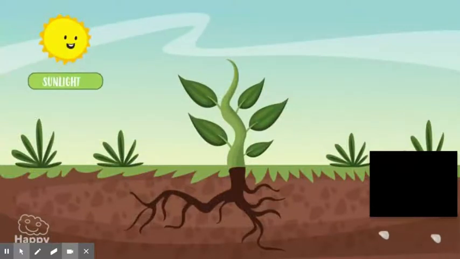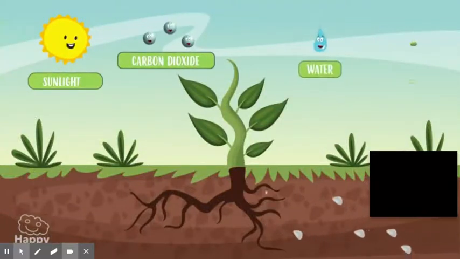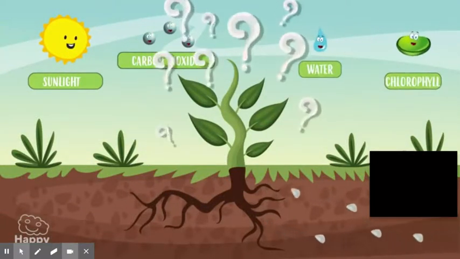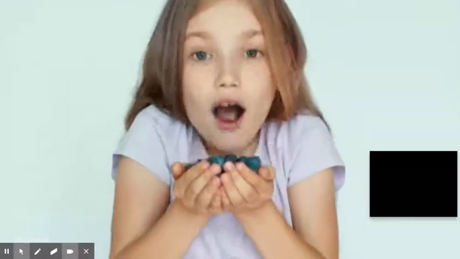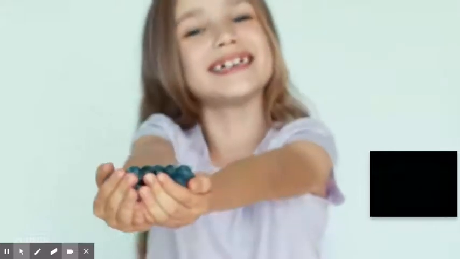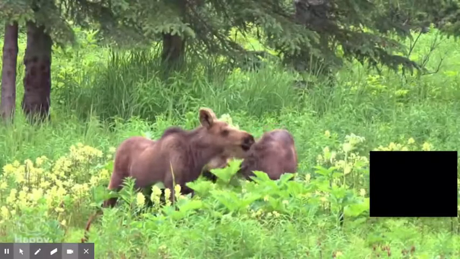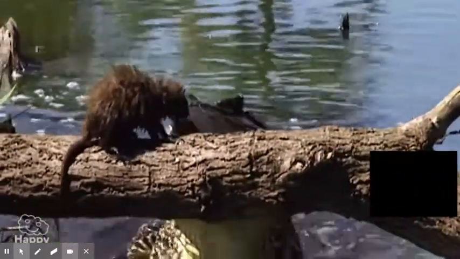Now we know how photosynthesis takes place, but why is it so important? Without plants, there would be no life on Earth. We wouldn't have oxygen to breathe or food to feed on. You already know that herbivores eat plants and carnivores eat herbivores.